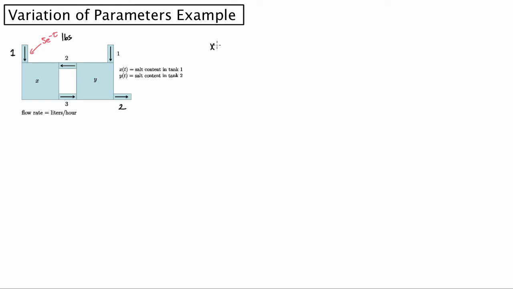The rate of change of X depends on, well, it's losing 3X. Whatever the concentration is for X, it's losing it at a rate of 3 liters per hour. But it's gaining 2 from Y. And then it's also gaining from the outside 1 liter per hour times that number of pounds.